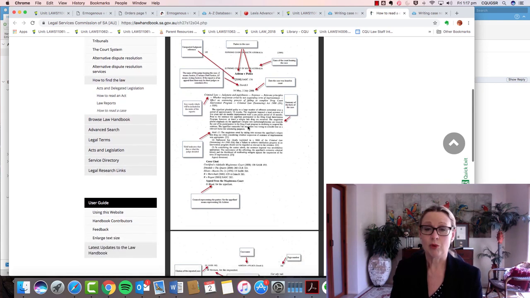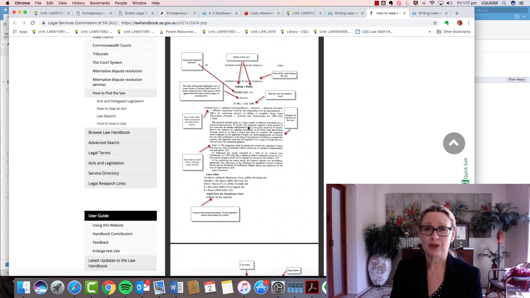What other things might you not need to know or put into your case notes? You don't need to put catchwords, okay? Catchwords are purely used by head notes for the convenience of practitioners that are busy and short of time and want to know what is going to confront them when they read the full case, okay?